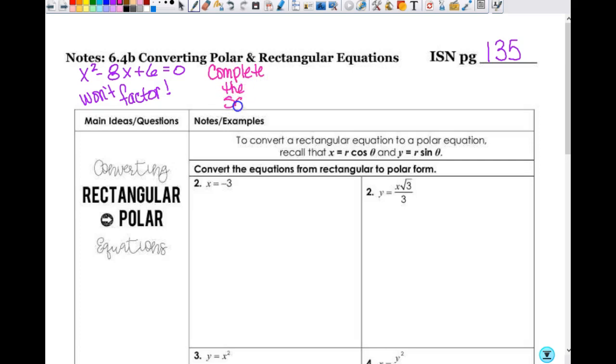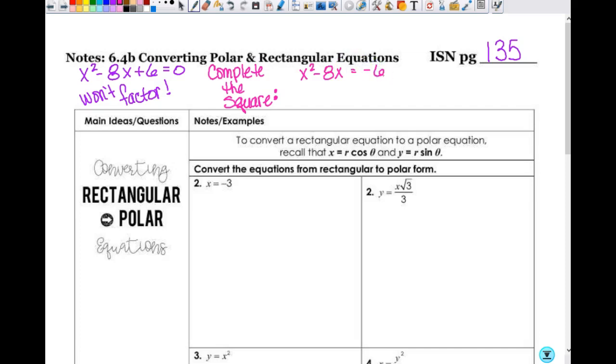I would imagine that completing the square was introduced to you as a manner in which to solve, because you can totally use that to solve. But you also used it when you were just trying to get equations in a different form, whether it was a quadratic or a circle or something like that. So what we would do there is x squared minus 8x, and we would move the 6 over to the other side, so that would be equal to negative 6.